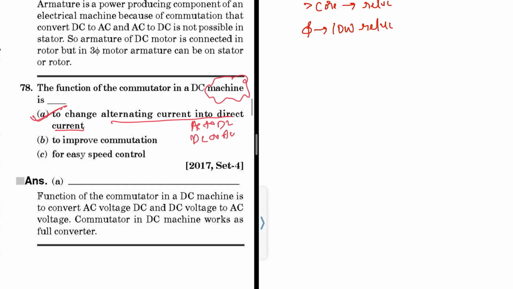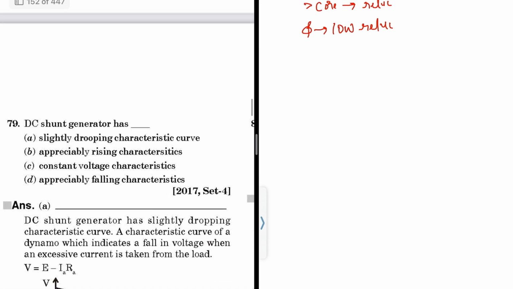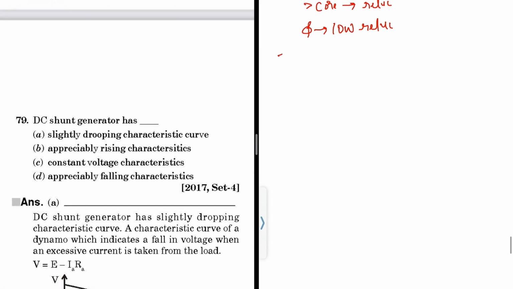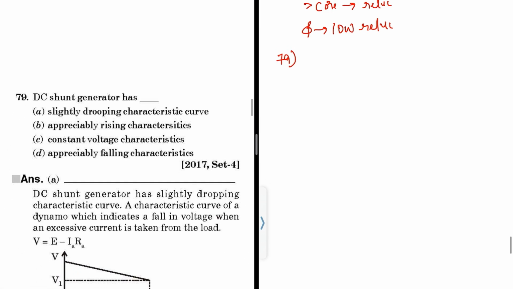Coming to the next question 79. The DC shunt generator has slightly drooping characteristics, constant voltage characteristics. They ask for the voltage, right? If you write the voltage equation in a DC shunt generator, V equal to E minus IA RA.